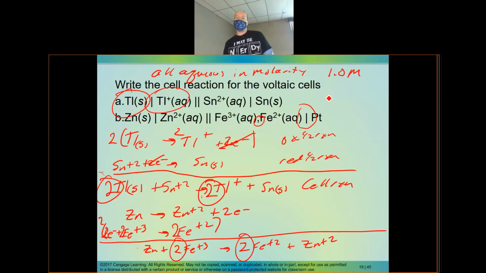If you are a gas, just like your Keq, gases will be in atmospheres. If you are at standard conditions, you're at 1 atmosphere. If there is a different concentration or pressure given, you have to write what it is right after your ion. So you're going to have your cell notations, but they will also have the molarities.